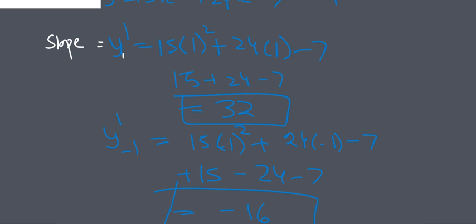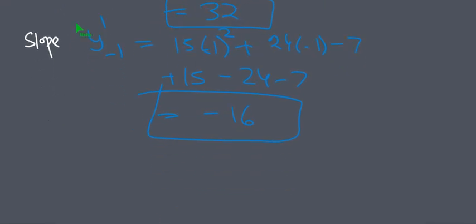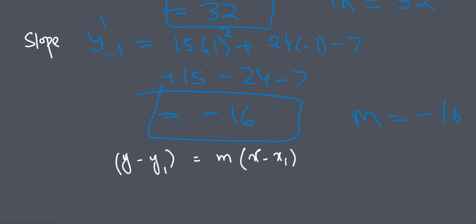Okay, so these are done? No, no, you're not done. These are the two slopes that we were looking for. Now we have to find the equation, which is y minus y1 equals m into x minus x1, right? If we take x1 as negative 1, you will get a different y1. If you take x1 to be 1, you will get a different y1.